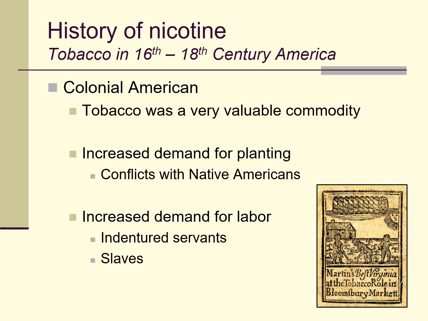And there was also increased demand for labor to farm all these fields and to process the tobacco that was harvested there. In the early days of the tobacco trade, some of this labor was accomplished with indentured servants, people who would be brought over to the colonies under contract and would have to serve for a period of time before being granted their freedom.